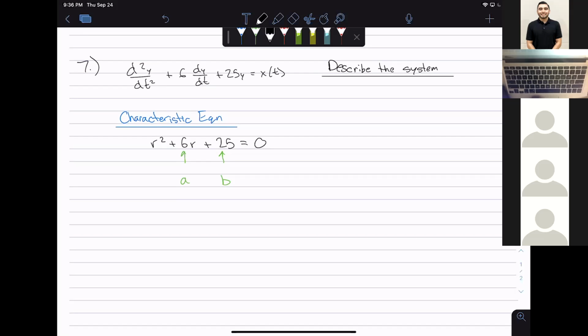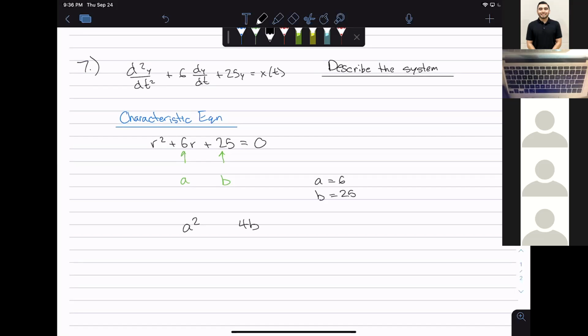So pretty much, you have to check a squared, and what 4 times b is, and that will determine what the system is. So let's say a is equal to 6, and b is equal to 25.